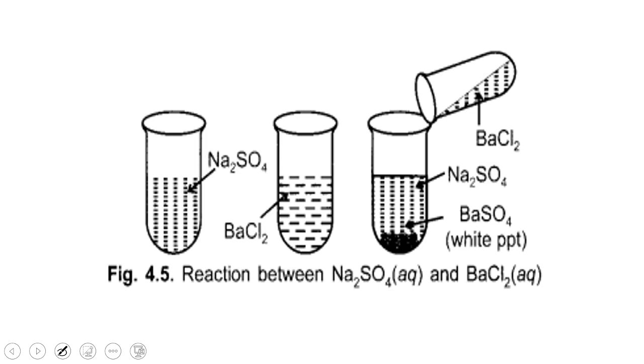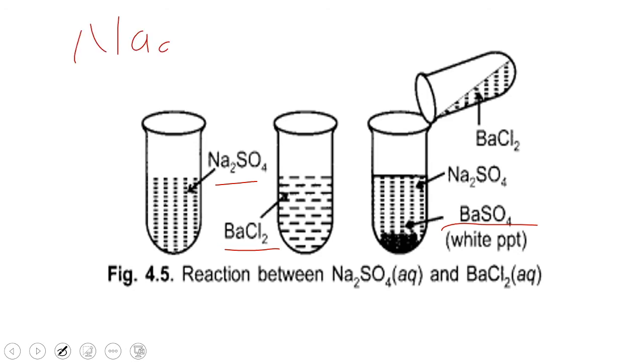Now one more reaction. I made sodium sulfate and barium chloride solutions. Right. And I have mixed these solutions. To sodium sulfate, I added barium chloride. So what reaction takes place? Barium sulfate is formed. Here I am writing the reaction.